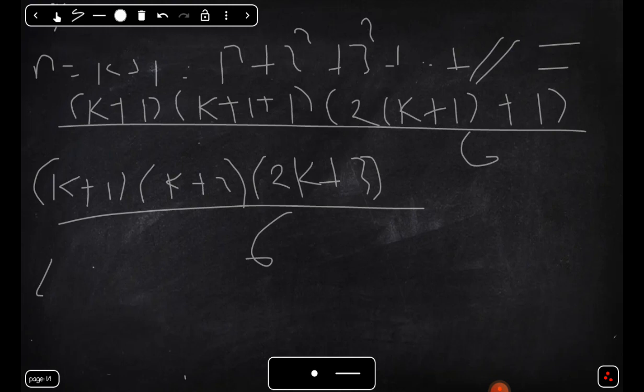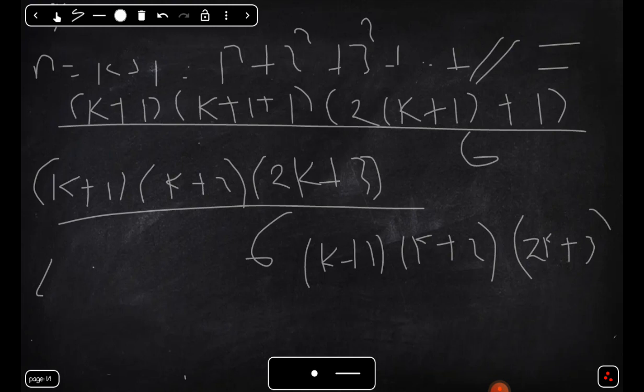If we simplify this, we have k plus 1 into k plus 2, then into 2 times k, which is 2k, plus 2 times 1, which is 2, plus 1, which is 3, all over 6. So you notice that this is equal to this.